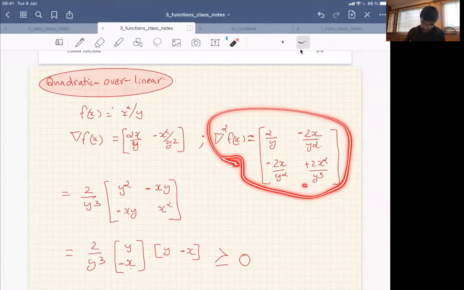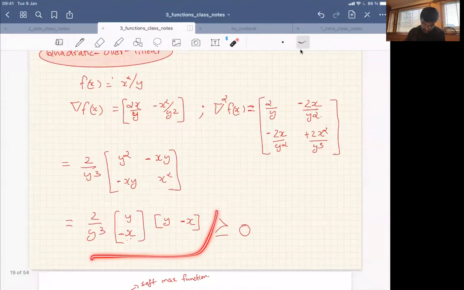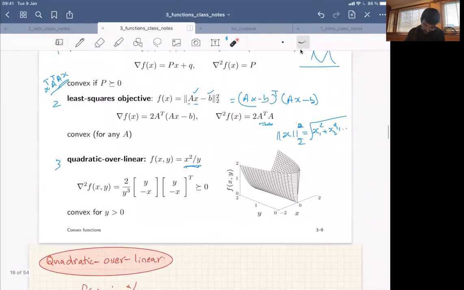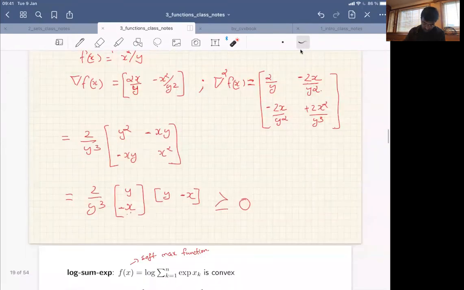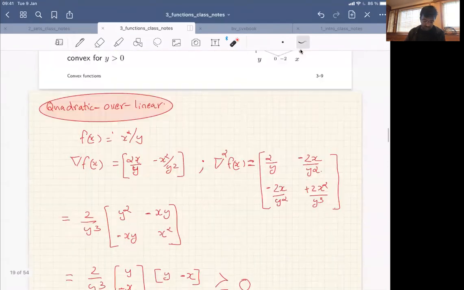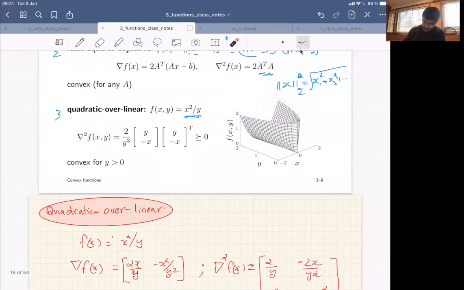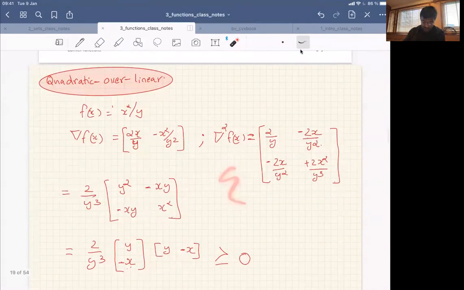You can rearrange this like this. Here you have an outer product that will be positive for y greater than 0. This part will be PSD, but we have a y cube, so we have to make sure that y has to be greater than 0. This is just a matter of expanding and rearranging things.